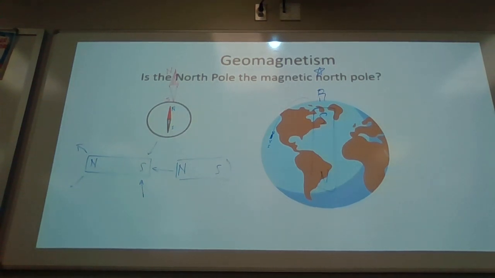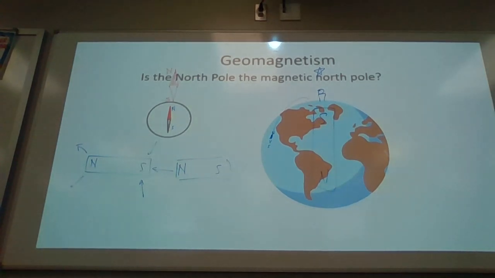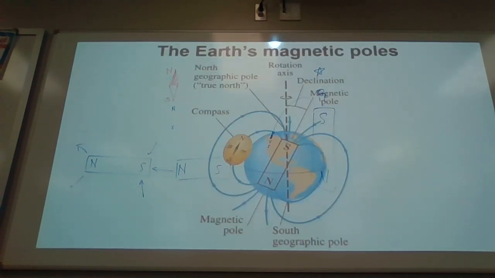Okay. So there's a distinction between the geographic pole of the Earth and the magnetic pole of the Earth. Please be careful with what you're being asked. Now, to make things even a little crazier, the magnetic South Pole isn't located exactly at the geographic North Pole.